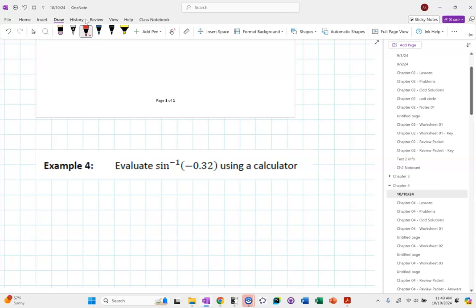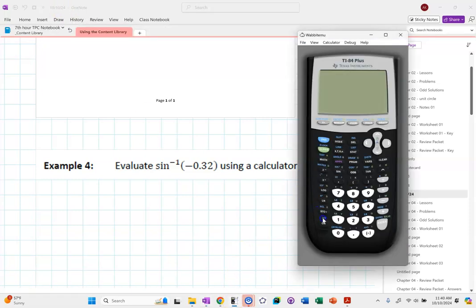All right. So what I'm going to do, if this is all that I'm given, is open up my calculator. I'm going to press second and the sine button to get sine inverse, and then type in negative 0.32 and just press enter.